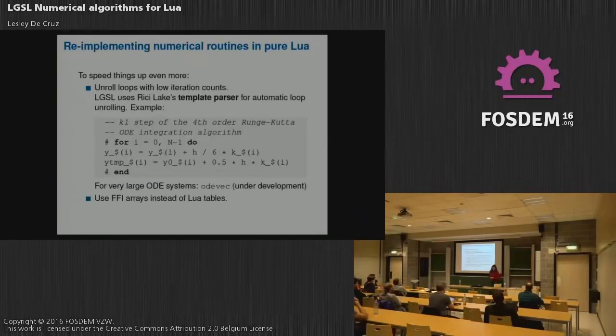To avoid having these low iteration count loops, the loops are unrolled automatically using the template parser originally written by Luci Lake. As an example, this is one of the steps in the fourth order Runge-Kutta ordinary differential equation integration algorithm.